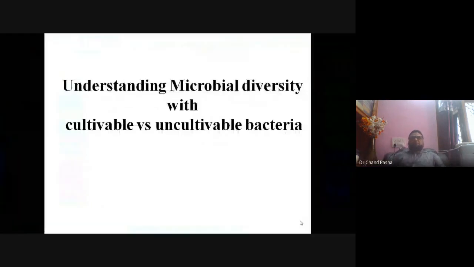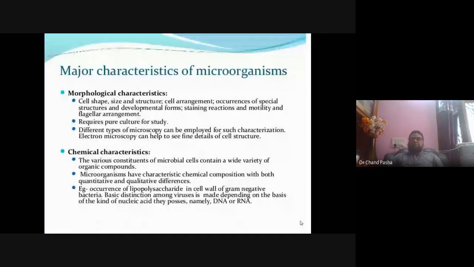So first, we'll see the organisms. Cultivable bacteria are the bacteria which can be cultivated in the laboratory. First, morphological characteristics.